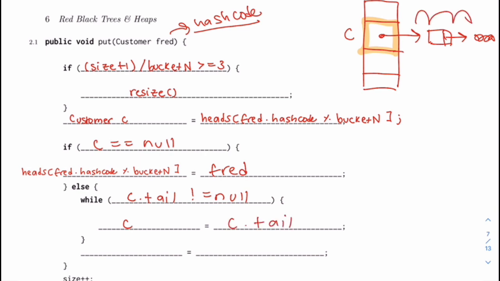Working my way through here. Now, once I've worked my way through to the end, I can tack on Fred. Okay? And of course, anytime that I'm putting, the last thing that I have to do is increase the size.